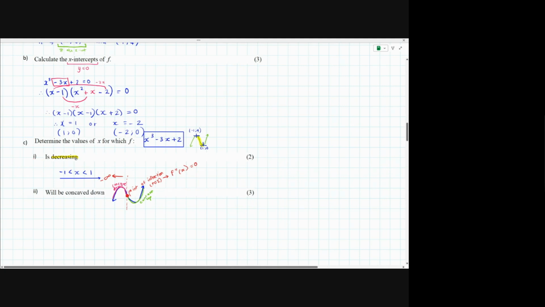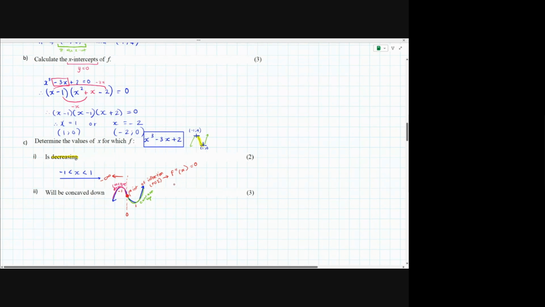Or the point of inflection sits directly in between your two turning points. So because we know the one turning point is at -1 in terms of x and the other is at +1 in terms of x, the value directly in the middle of those two is our point of inflection. So that's probably the easiest way to go. So directly in the middle of -1 and 1 is 0.